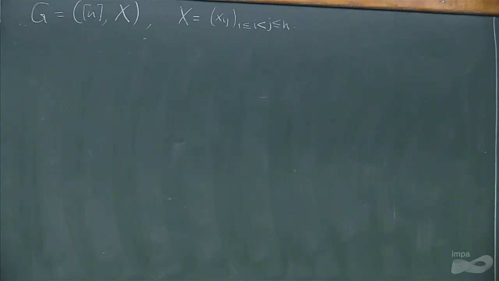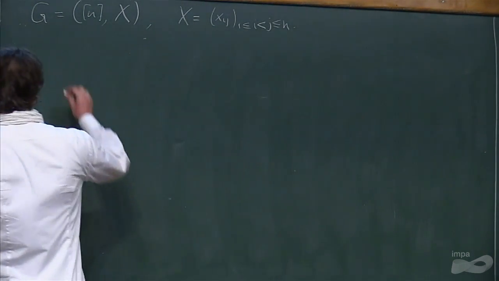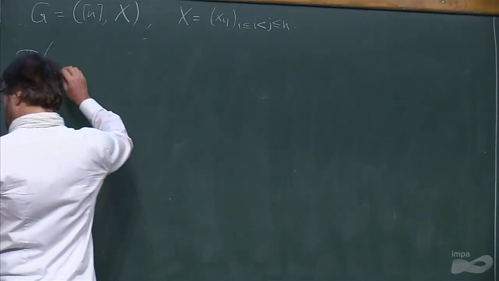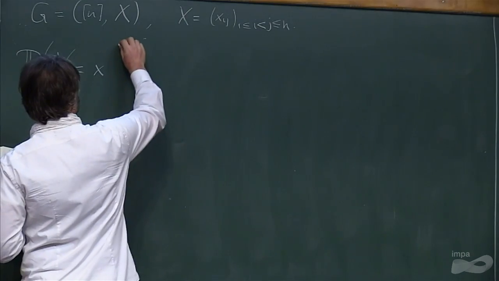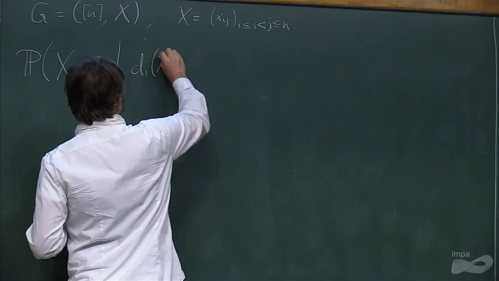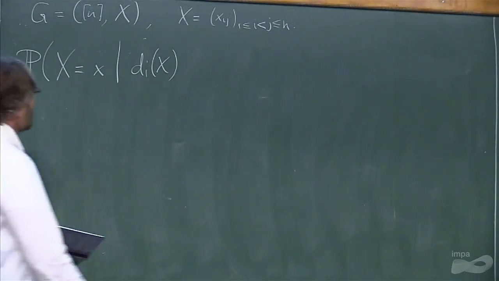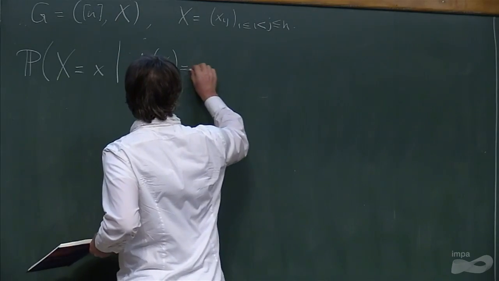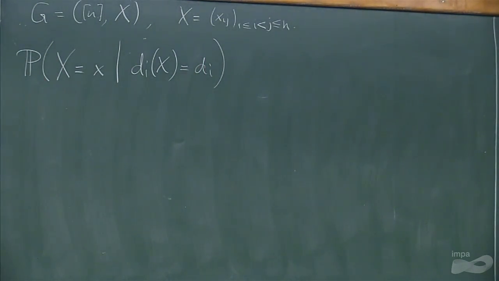So they're no longer Bernoulli. Okay? So what is the conditional distribution? Well, that's basically the following. I need to look at this collection being little x, and I need to condition on the degree of vertex i in my configuration X to be equal to the predefined little d_i.